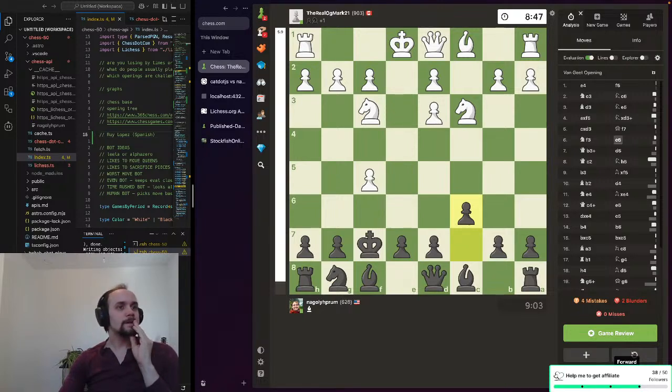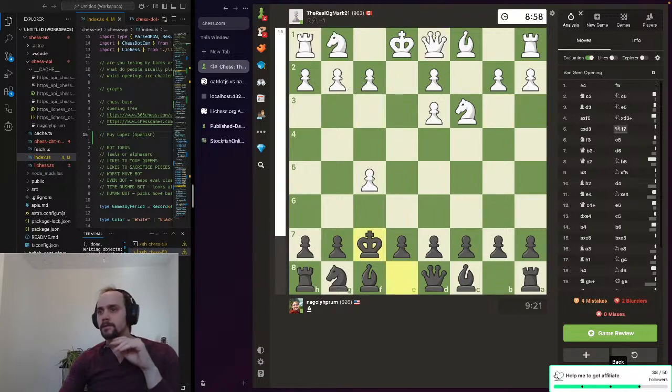Queen h5. Queen h5 on move 5 is probably good. We looked at it earlier, it's the queen, check by white. Check by white.